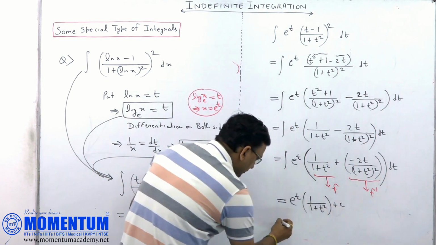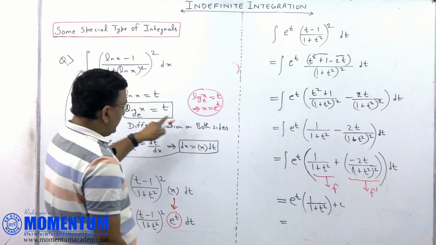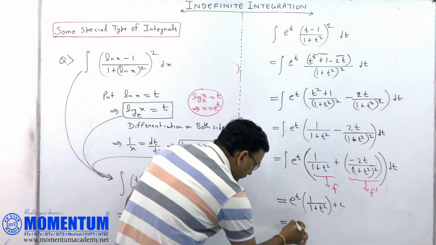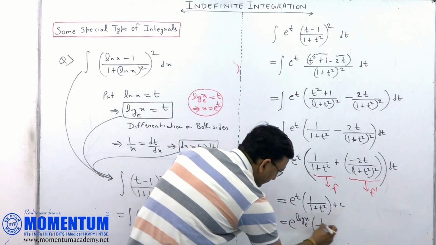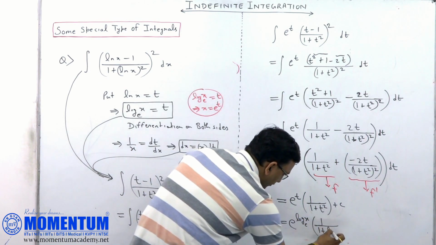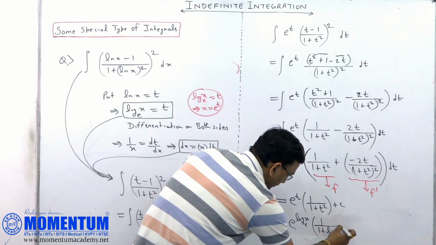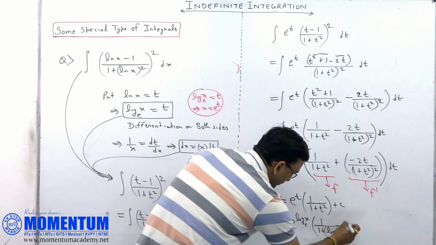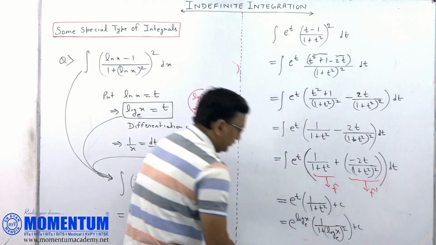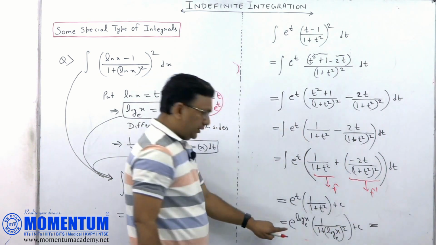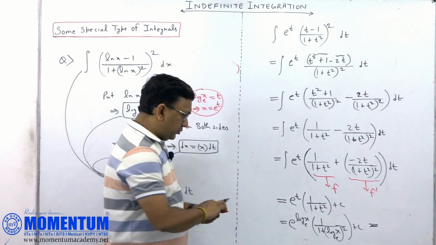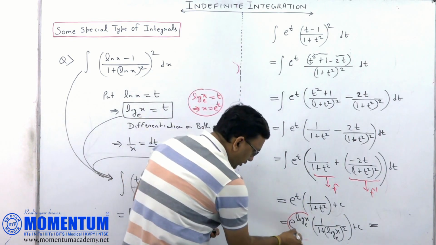Now the final answer in terms of x. So in place of t, log x to the base e. The final answer one can write as e to the power log x. E to the power log x will be what? x.